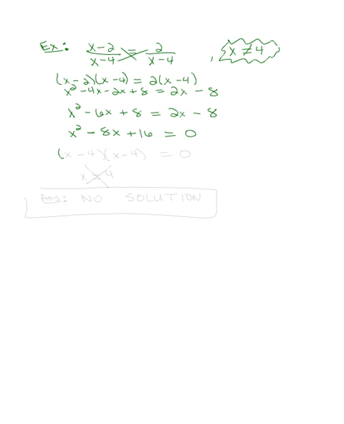So we need two numbers with a product of 16 and a sum of negative 8, and the answer is negative 4 and negative 4. Now notice if we solve, we get x equals 4 as a solution. But if you recall, we can't have x equals 4 as a solution. Therefore, the answer here is that this equation has no solution.